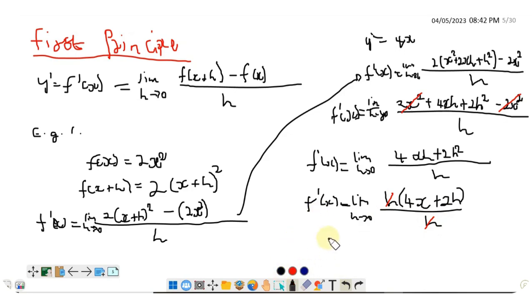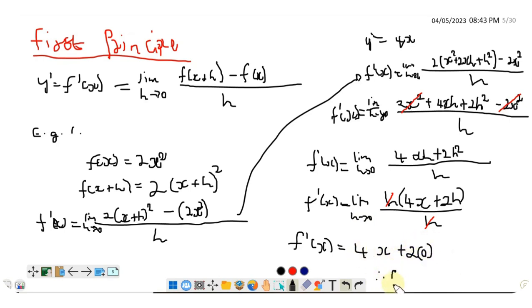Now you are only left with one h, and h tends to 0. So the derivative f'(x) equals 4x plus 2 times h, where h tends to 0. 2 times 0 is 0, so this whole part will be 0.